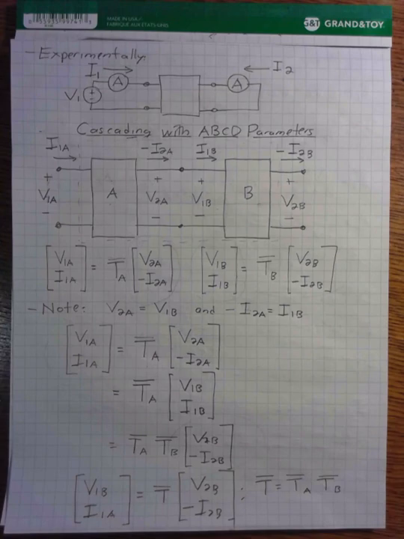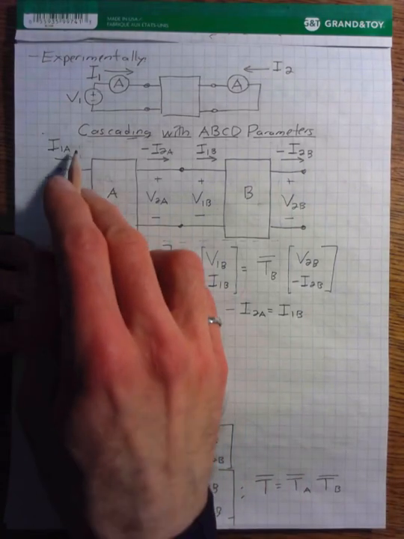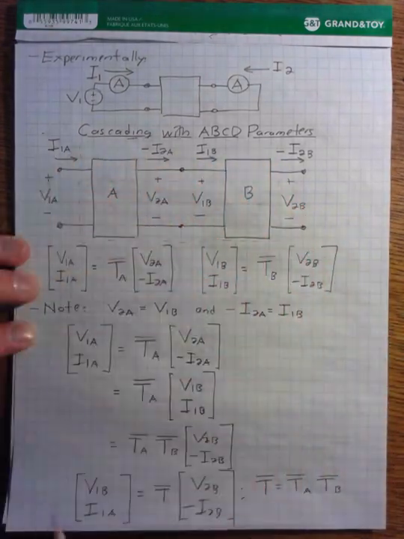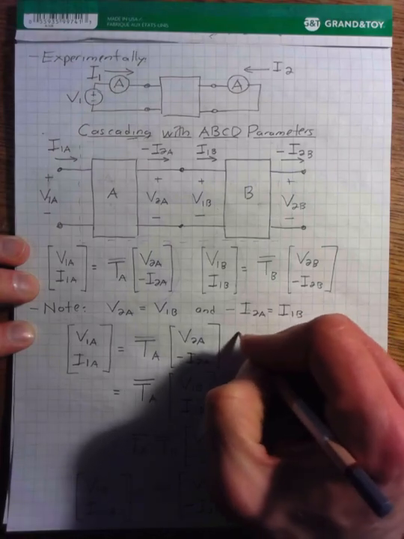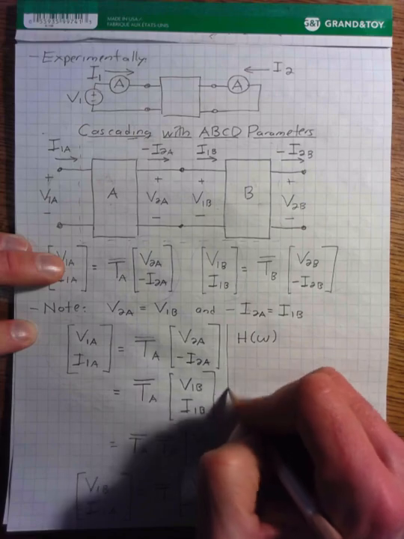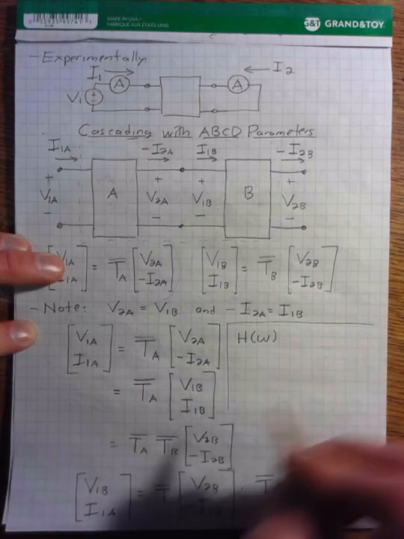And so a good place to start is to remember that our objective basically all the way through this course has been to find the voltage transfer function of our circuits. Basically the output voltage divided by the input voltage. And so if we think of our large two-port network here, our voltage transfer function, H of omega, we'll just steal this corner of the paper.